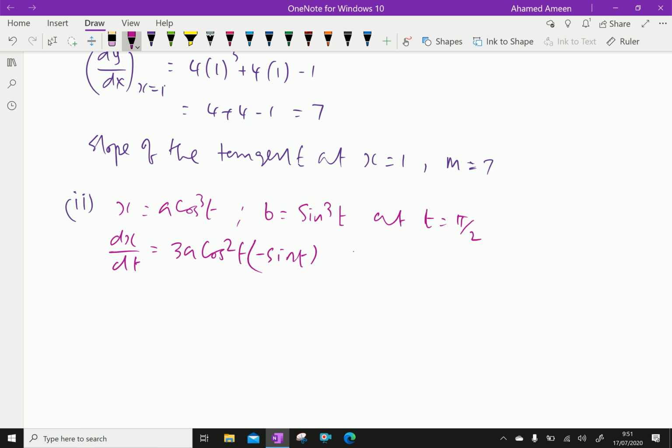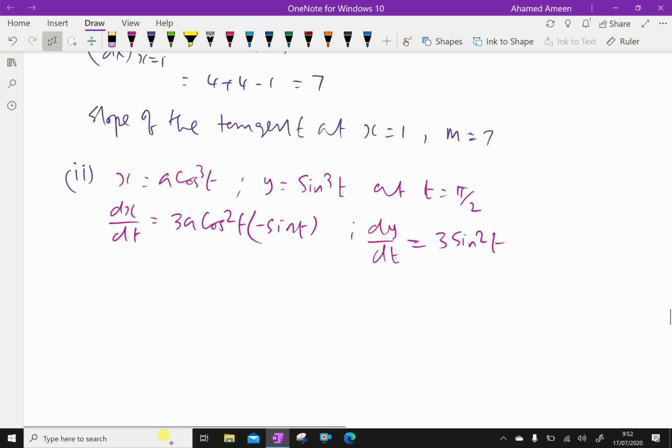Then here dy by dt, here y equal b sin cube t, dy by dt equal 3b sin squared t. Sin t differentiation is cos t.